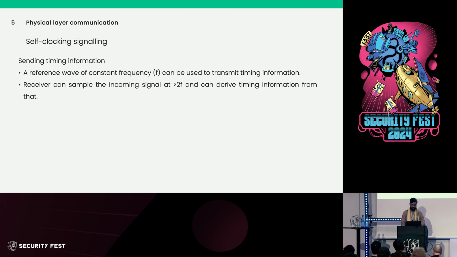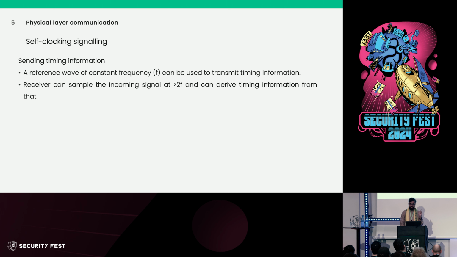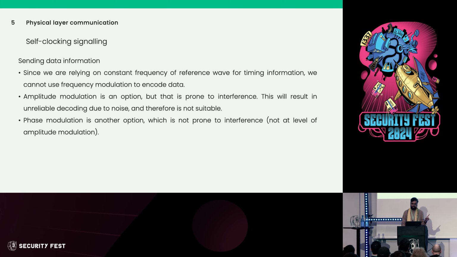Now, for timing, we need the frequency to be constant, okay? Which means for data, we cannot change frequency. Which means I can change either the amplitude, that is amplitude modulation, for the same frequency, or I can change the phase difference of the signal. There are two options.